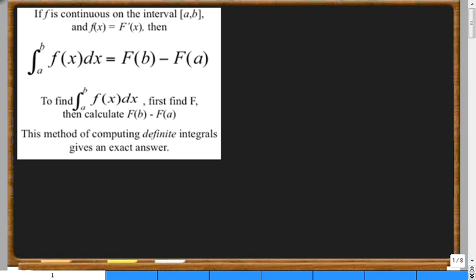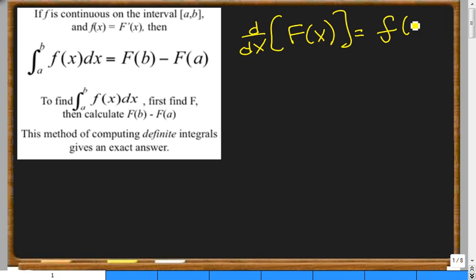Okay, so we're going to talk about the idea of definite integration using definite integrals. So we start off with an assumption that if f is continuous on the closed interval a to b, and f of x is the derivative of some other function, which we normally write as the derivative of capital F equals f of x.